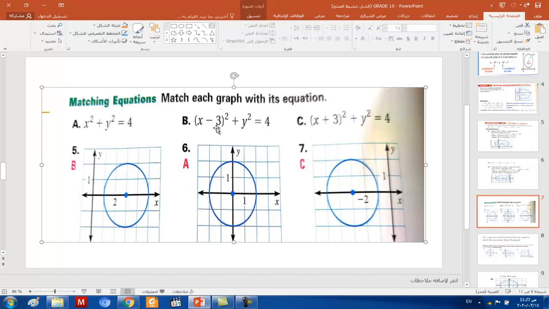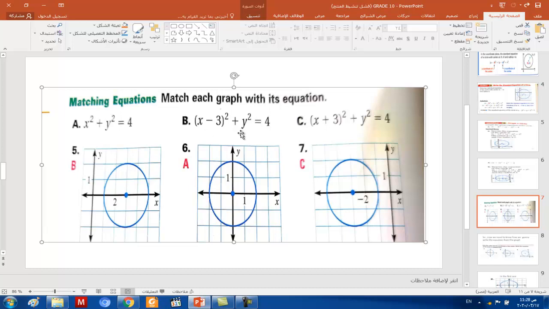And (x − 3)² + y² = 4. So for the center, we're going to change the sign of the number after x and y. We said it already, so the x coordinate of the center is 3, and we don't have any number for y, so it's 0. So the center here equals 3 and 0.